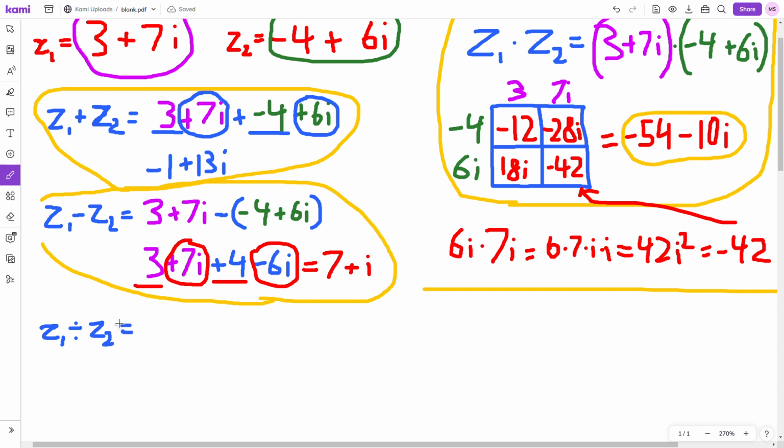In other words, we're going to have 3 plus 7i and we're going to divide this by negative 4 plus 6i.